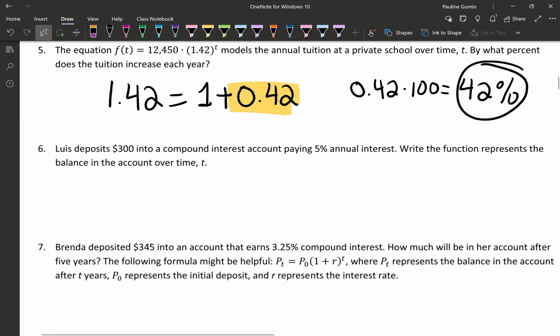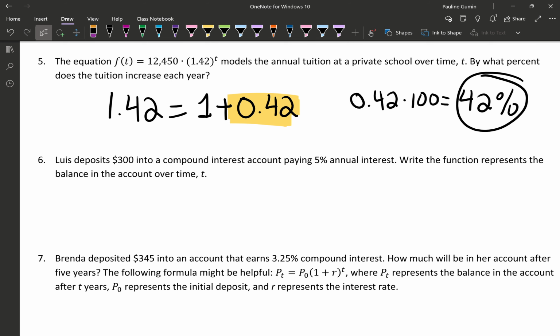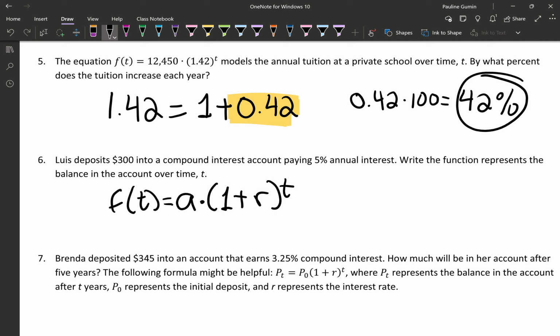Number 6. Louis deposits $300 into a compound interest account paying 5% annual interest. Write the function. All right. First of all, our function comes like this: f of t equals a times 1 plus r to the power of t. A is our original price, our r is the interest in decimal form, and then t is time.